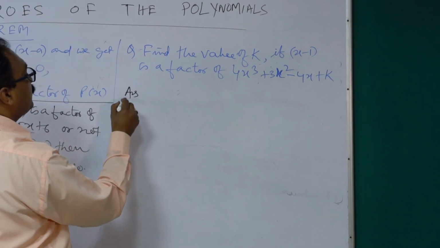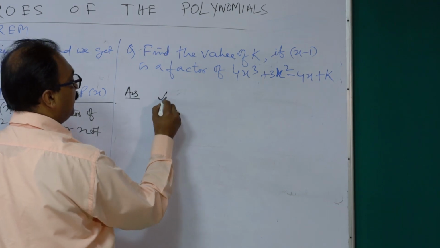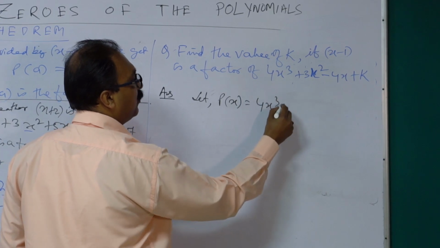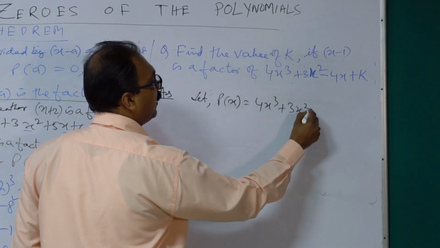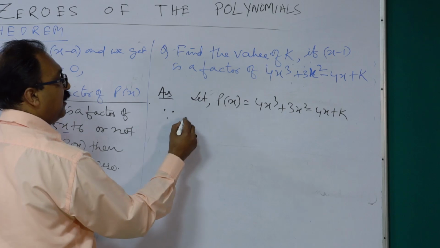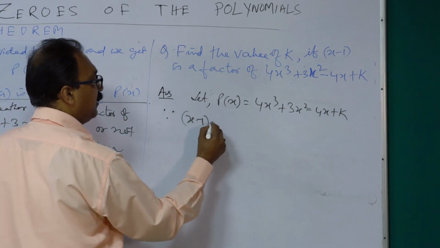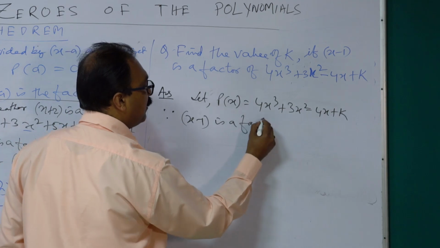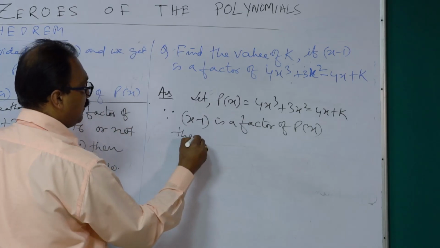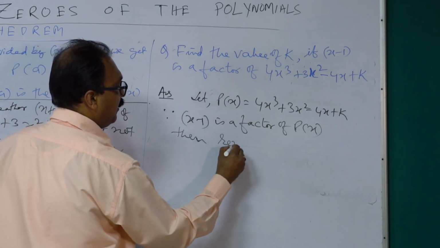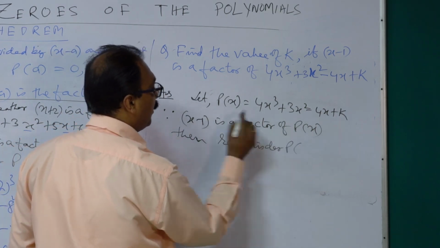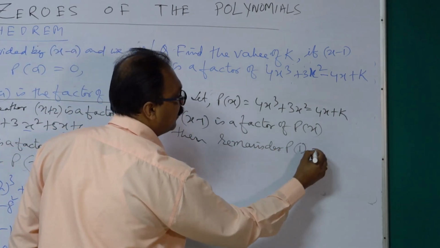So how to write the answer? Look at this. Let P of x is equal to 4x cube plus 3x square minus 4x plus k. Since x minus 1 is a factor of P of x, then the remainder, P of 1, is equal to 0.